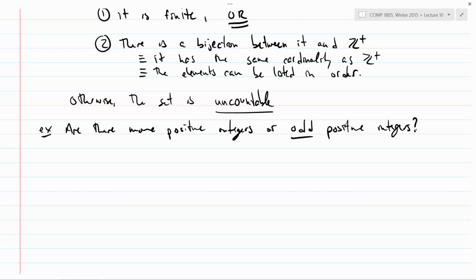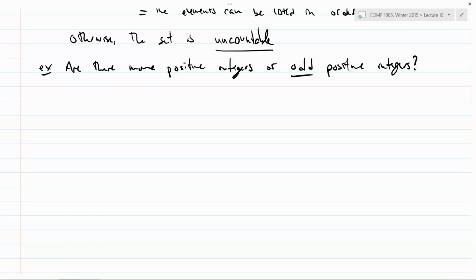So let's see what happens if we try to find a bijection. Let's look at the function f, and it goes from, say, Z plus to, I'll call it O, for the set of odd positive integers.